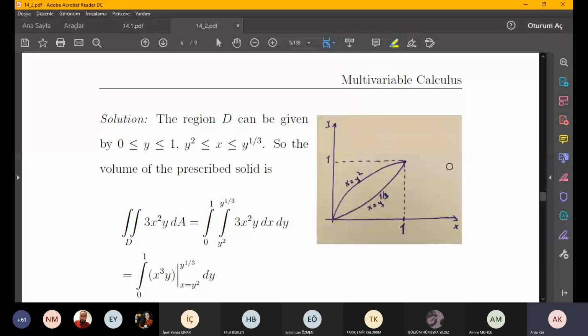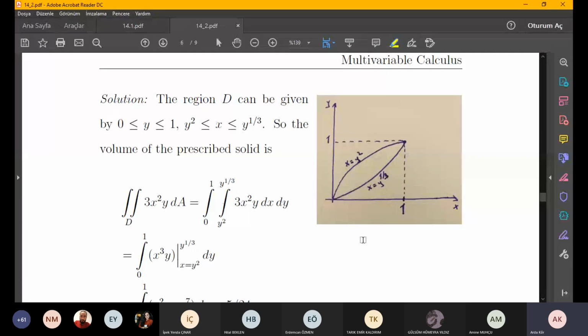First, we need to express the integration region D. As you can see, y is between 0 and 1, and x values are between y squared and y to the power 1/3. This is the region D.